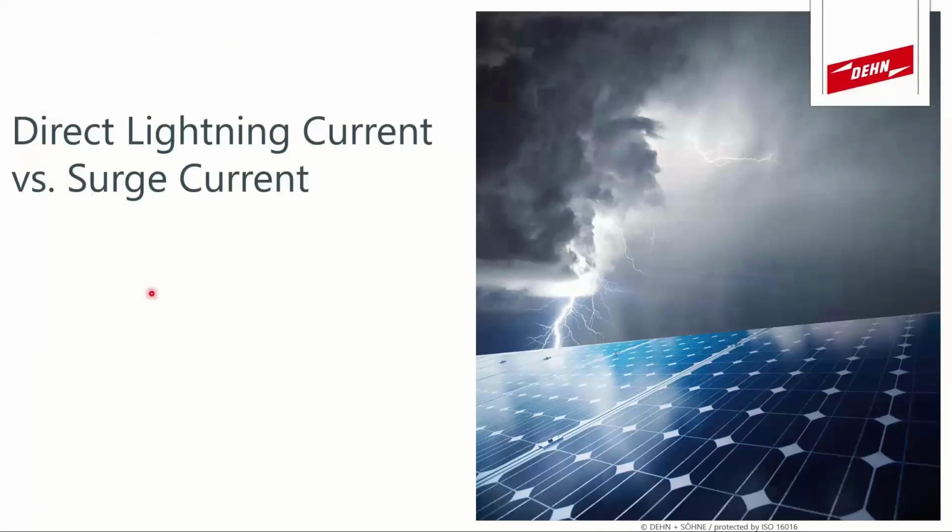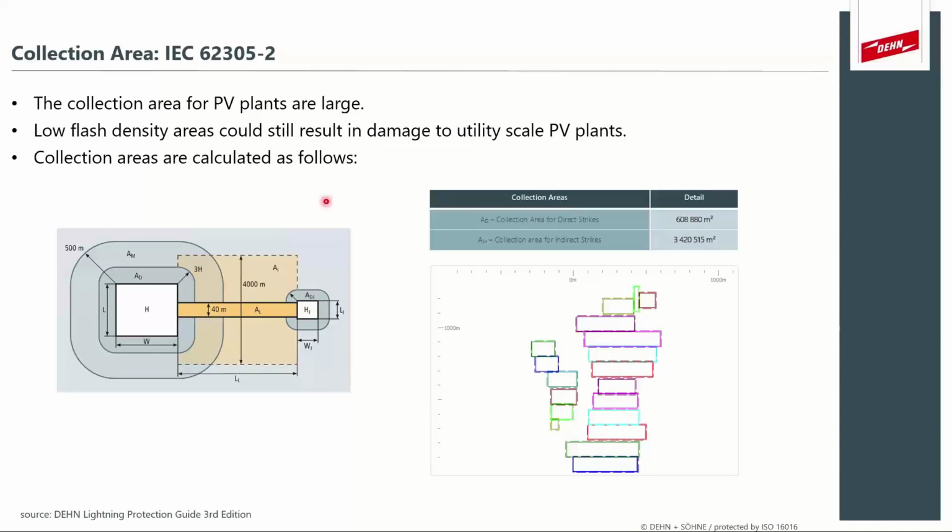Now, to understand why lightning causes damage to the PV plant and what different ways lightning can cause damage, we need to investigate the difference between something like a direct lightning current and a surge current. The standard IEC 62305, part 2, is all about risk assessment.